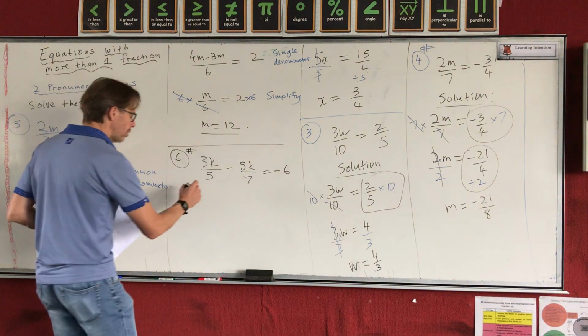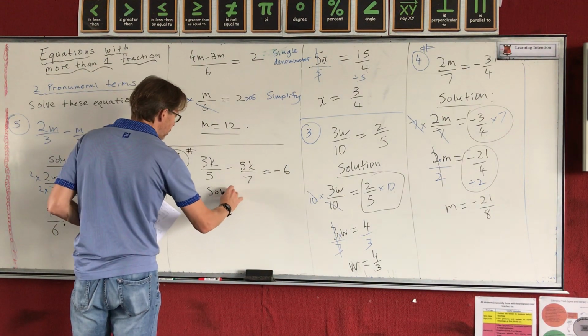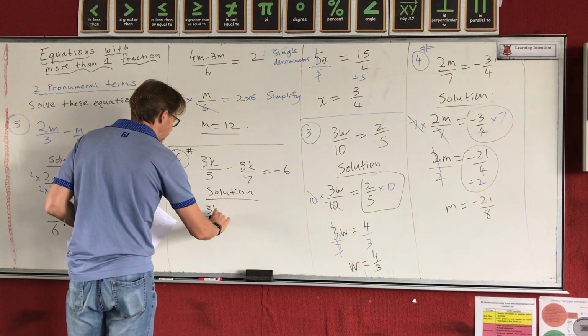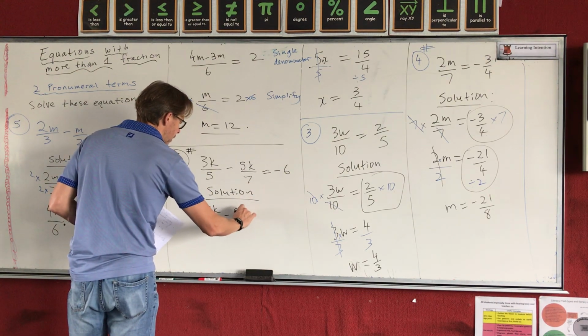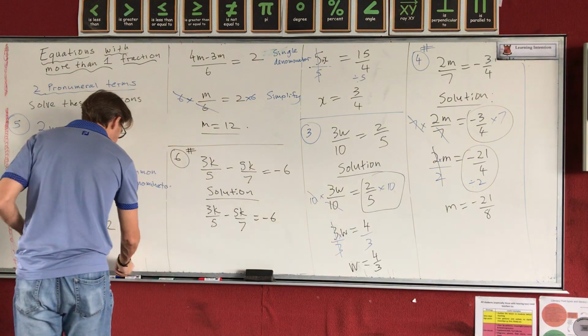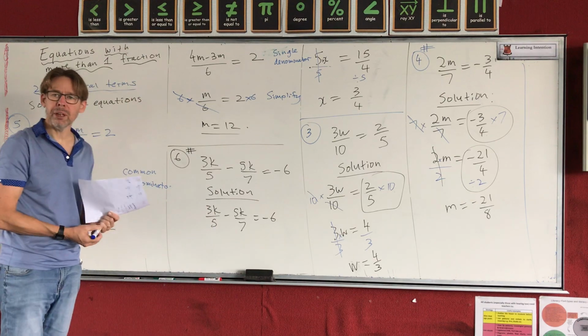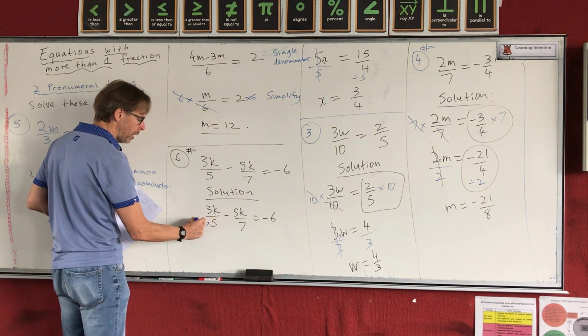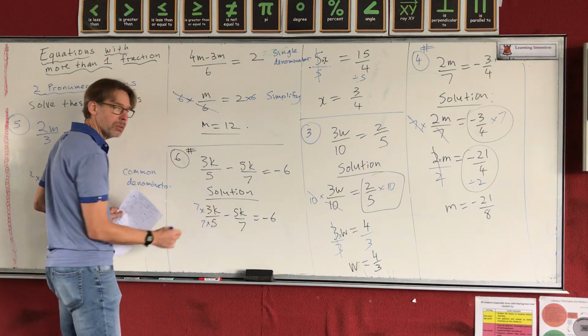Alright, so just in your notes again, write down the word solution, write the question out again. Make the easiest way to get a common denominator. Take this denominator here and multiply it by the other one. Do the same thing to the numerator.